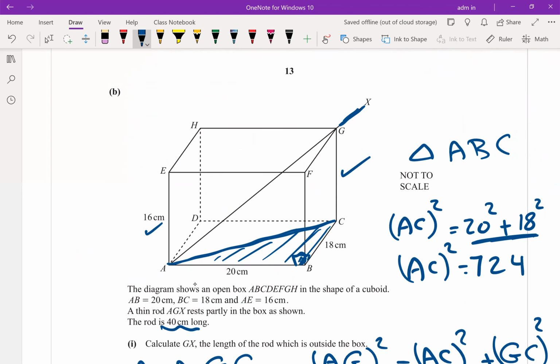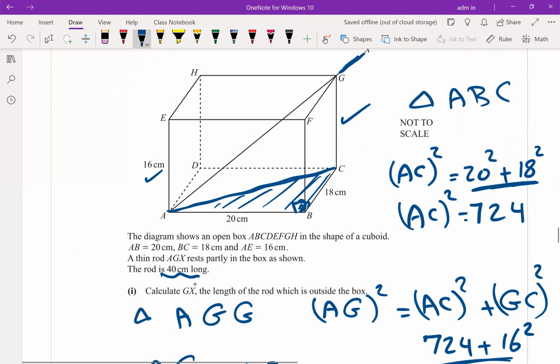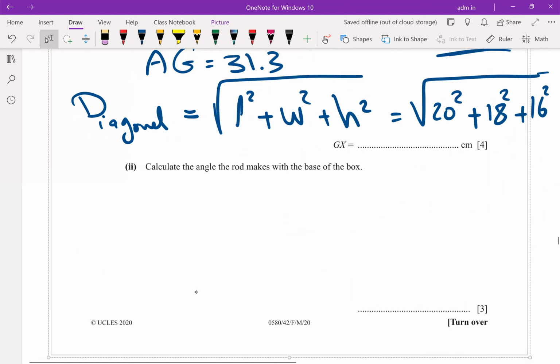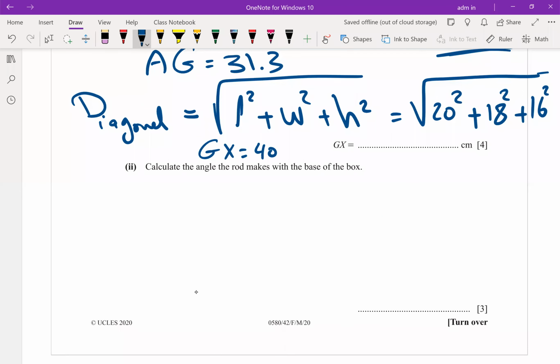We already have the length of the rod from A to X, which is 40. So GX is equal to 40 minus our answer, which is 31.3. So the answer will be 8.7. If you round your answer to 2 significant or 3 significant figures.